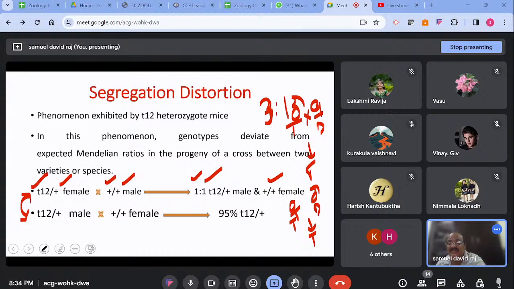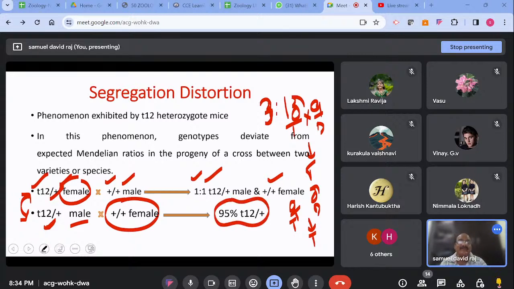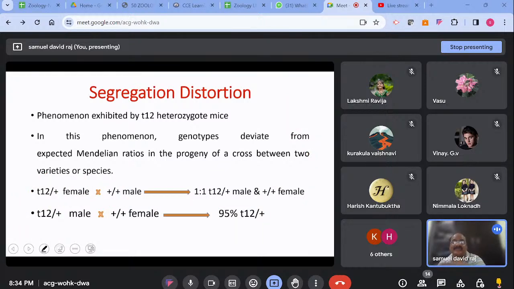But here, when this is reversed, previously T12 plus was the female, now T12 plus is the male, and this is crossed with a normal female. They found that 95% of those formed are T12 plus individuals, whether male or female. Thus normal Mendelian segregation is not followed here, and we call it segregation distortion. Why this happens? The research is still underway.